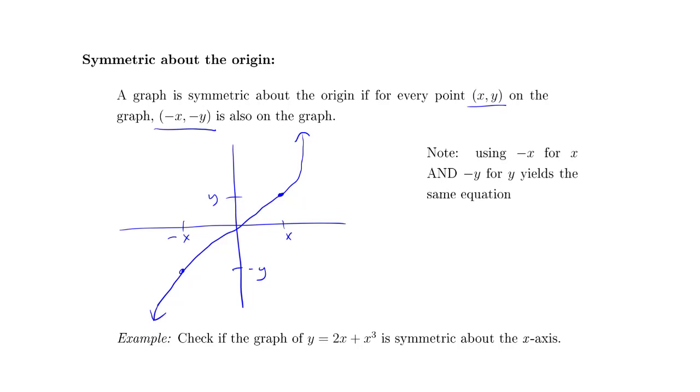An interesting thing to note is that being symmetric about the origin, where I replaced x with negative x and y with negative y, doesn't mean it's definitely going to be symmetric about x or about y individually. Essentially it's like doing them in sequence.